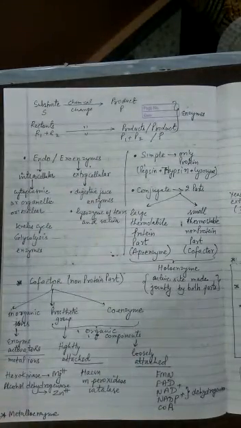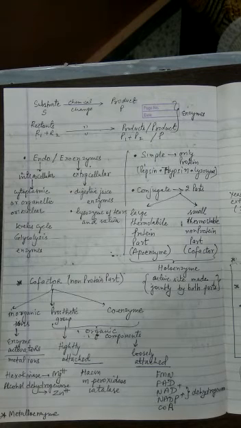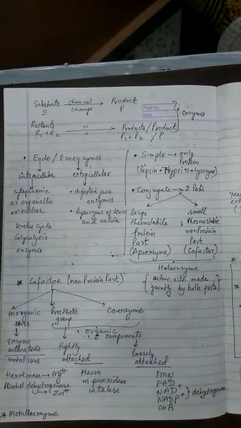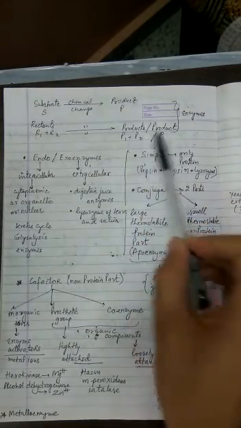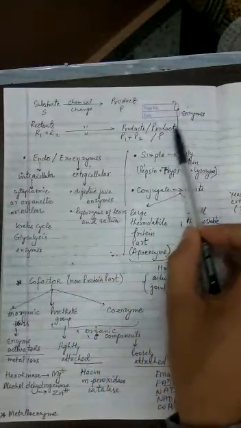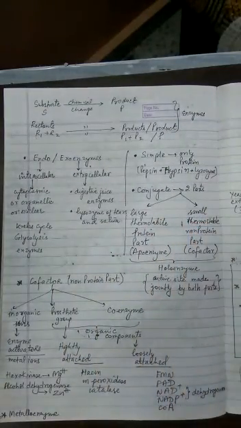So a single substance acted upon by the enzyme is called a substrate, and if more than one molecule is involved in the reaction, these are called reactants. You'll be learning many examples of these in human physiology and plant physiology. Now remember, the word product will be common whether it is this type of reaction or that type, and these reactions are controlled by enzymes.